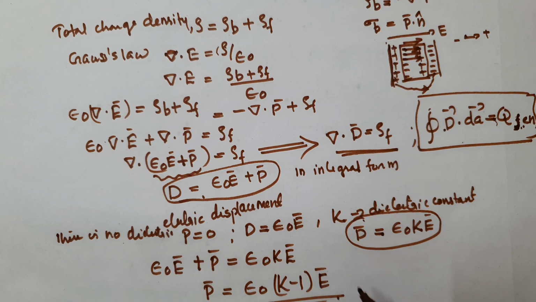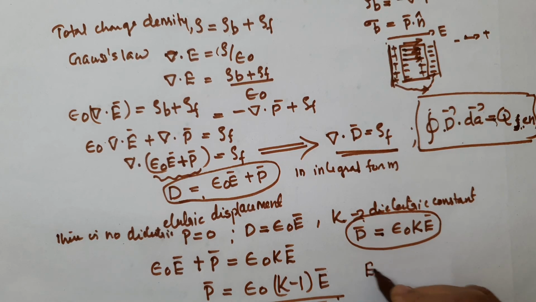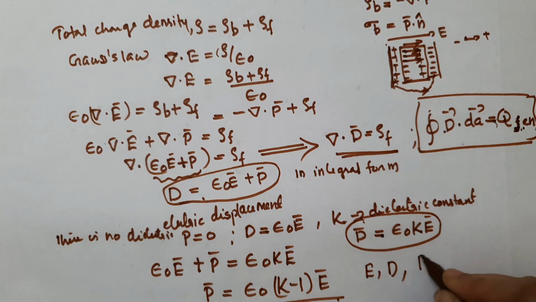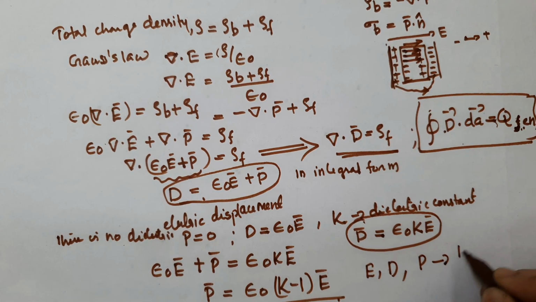And here the electric field intensity E, the electric displacement D and the polarization vector P are called the three electric vectors.